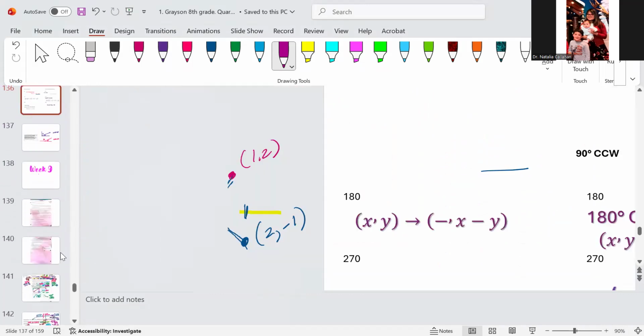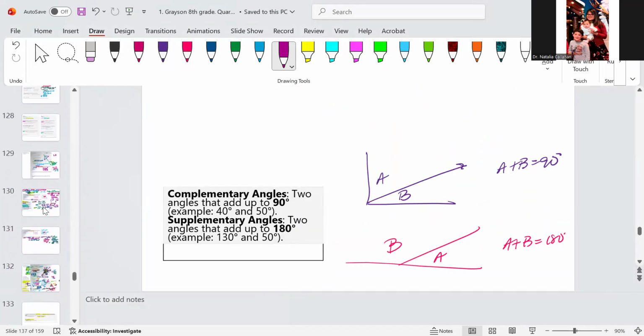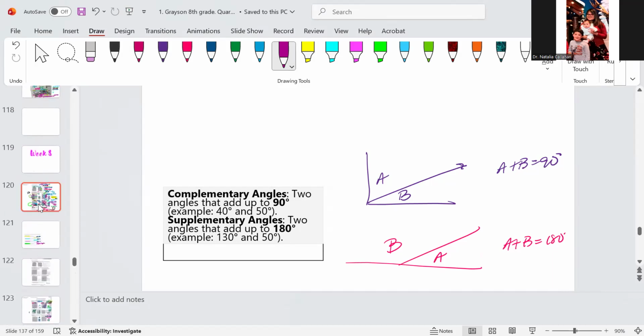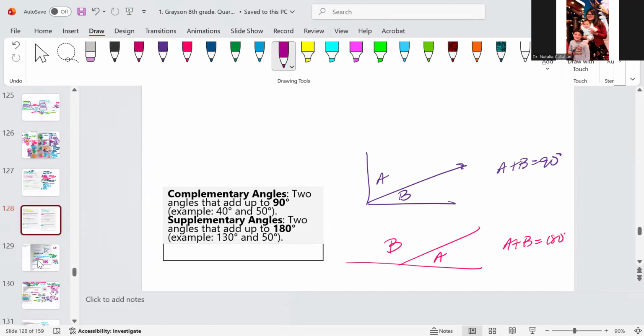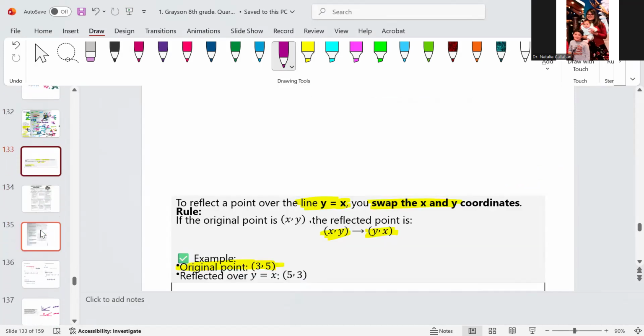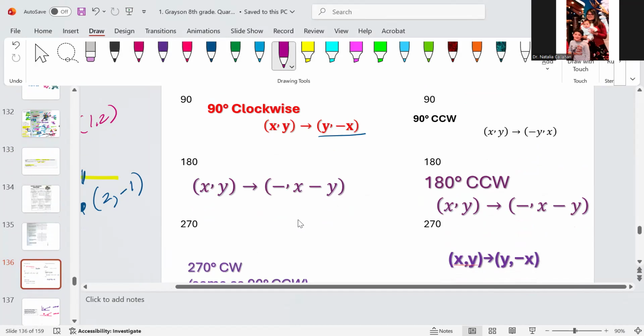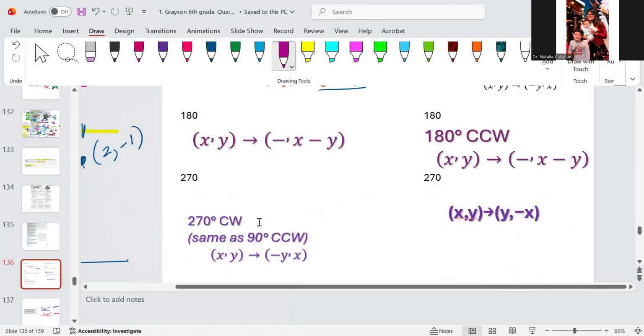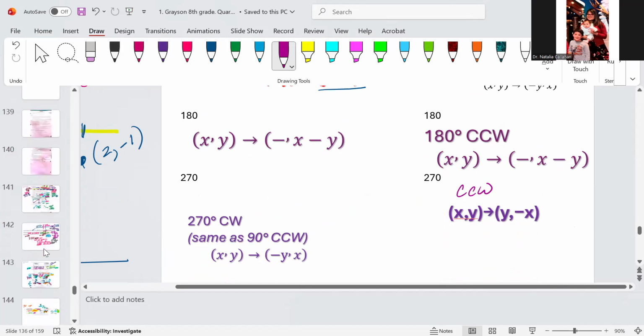Yes. Okay, 270 clockwise is negative y, x. Do you see that? 270 counterclockwise is y negative x. Yeah, but, oh, okay. My bad.